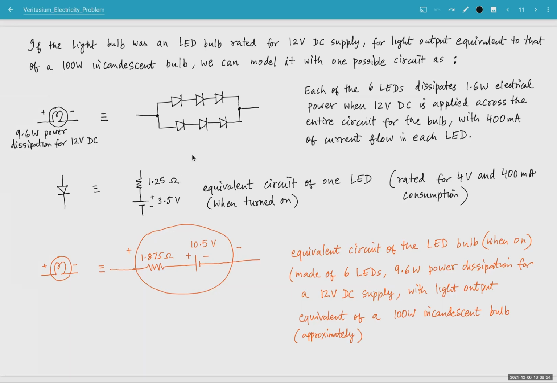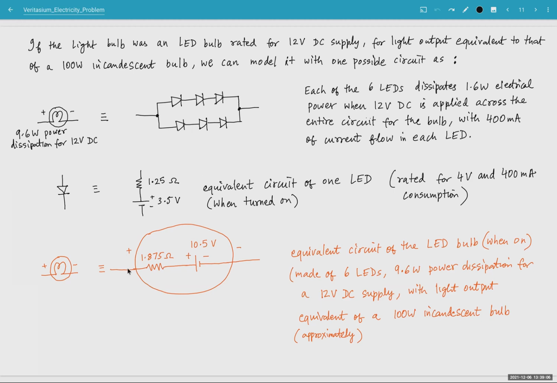Each LED consumes about 400 milliamps of current, drops about 4 volts at that current rating, and consumes about 1.6 watts of power. So each LED is 1.6 watts, totaling 9.6 watts, which might give you a 100 watt equivalent incandescent bulb.